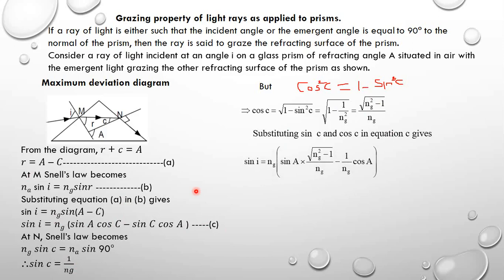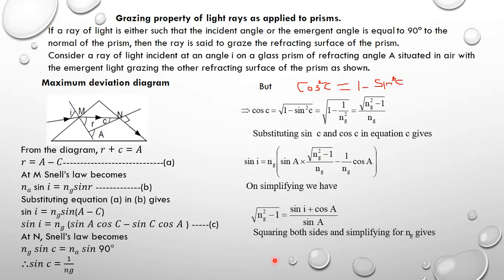Then after getting that, we want to make the square root of N_g squared minus 1 the subject, so when you simplify, we shall have this, and then you square both sides and make N_g the subject.